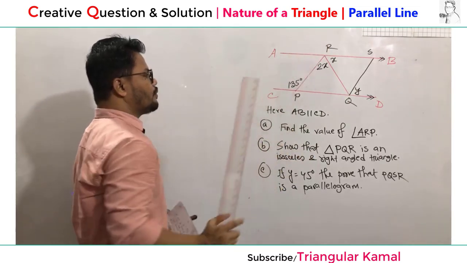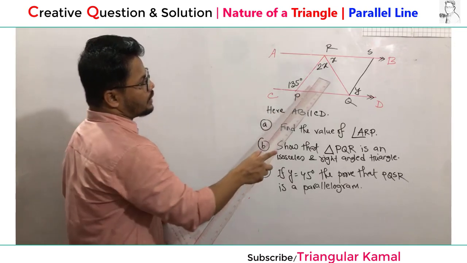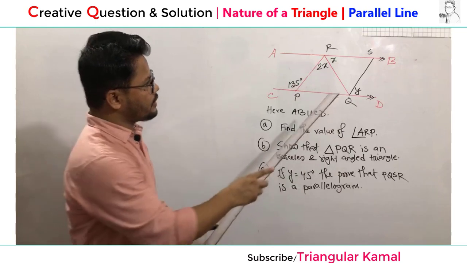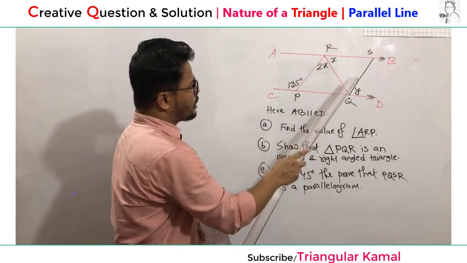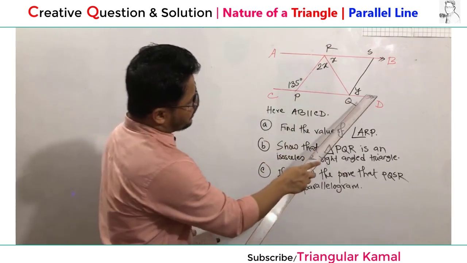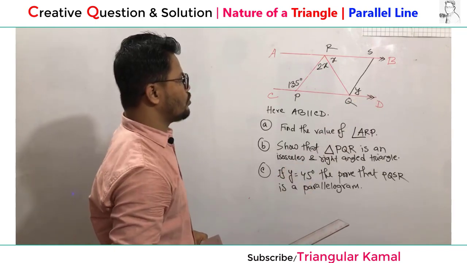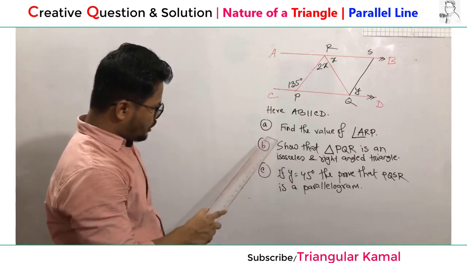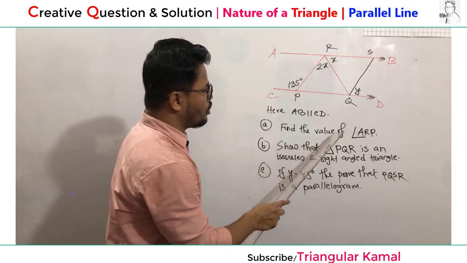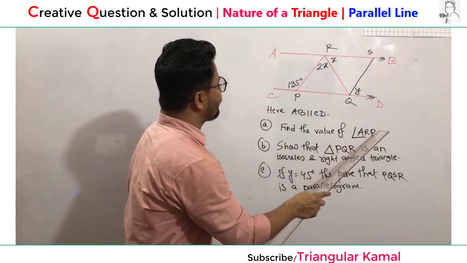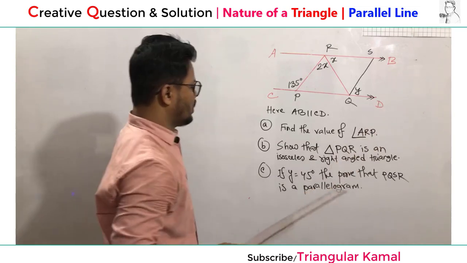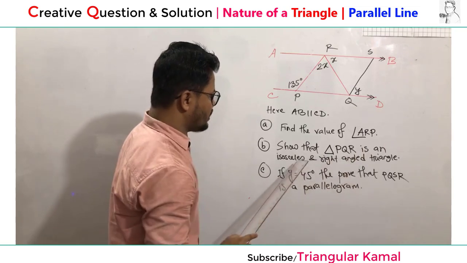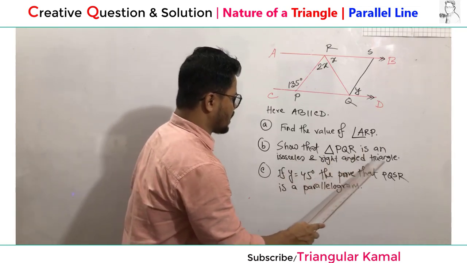So this information is clear to you, and this angle PRQ equal to 2 times X and SRQ equal X, and this angle is also given here as Y, SQD angle equal Y. So first question, find the value of angle ARP. Second question, show that triangle PQR is an isosceles right angle triangle.